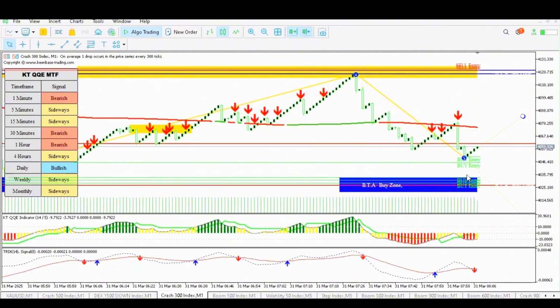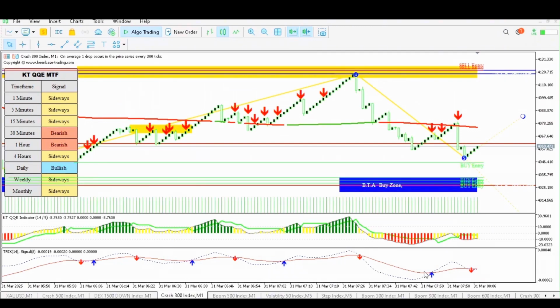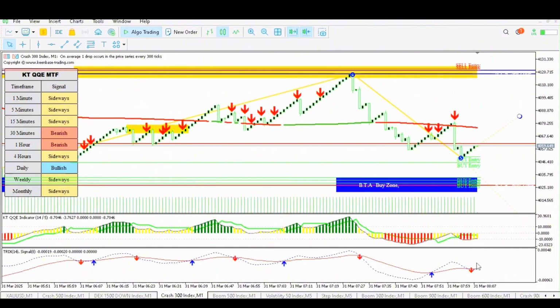Then we have entries, as you can see, where it's written buy entry and sell entry. Then we also have this window that will be giving us arrows, showing that it's going up, it's going down. So this is how you see that the market is going to make a pullback or a reversal.